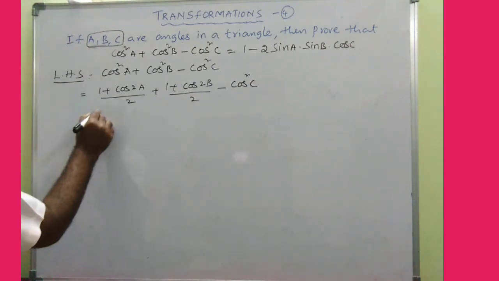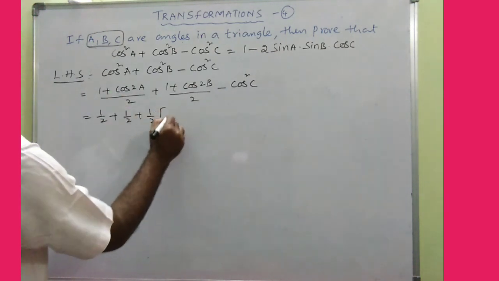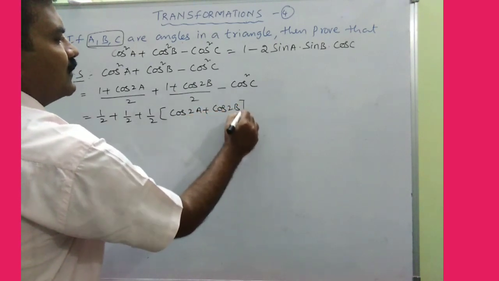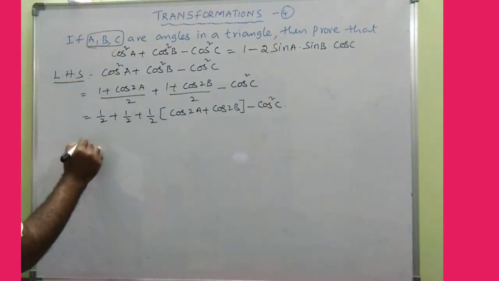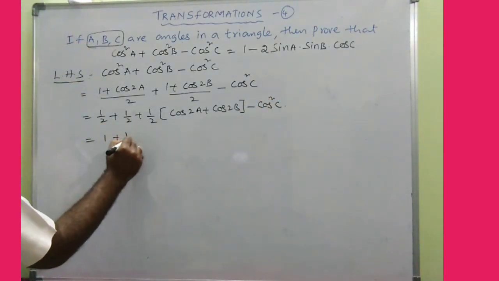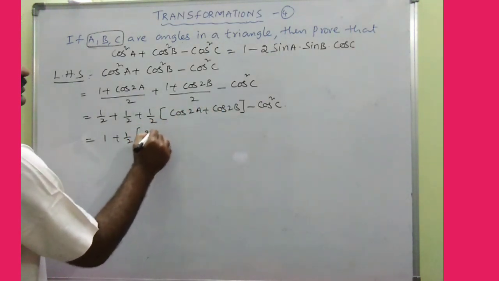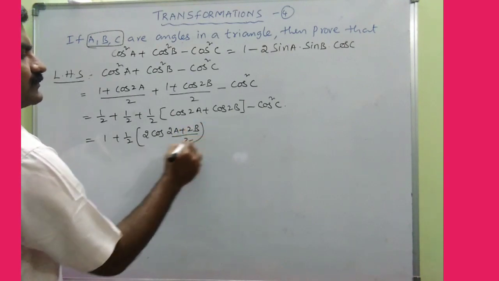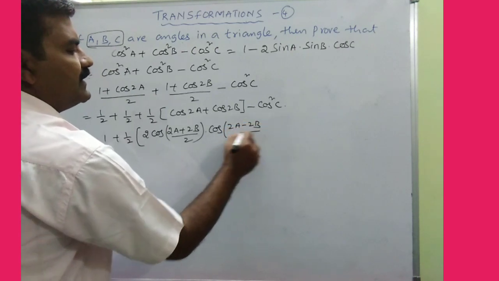So clearly this is 1 by 2 plus 1 by 2 plus half, if you take common, cos 2A plus cos 2B, and minus cos square C. So 1 by 2 plus 1 by 2 is equal to 1, plus half into, this is just like cos C plus cos D, which is 2 cos of (C plus D) by 2 into cos of (C minus D) by 2.